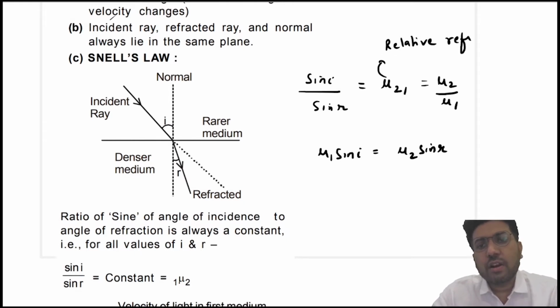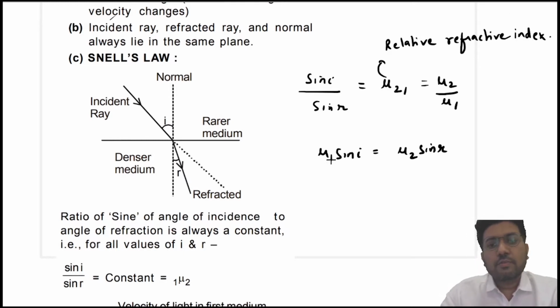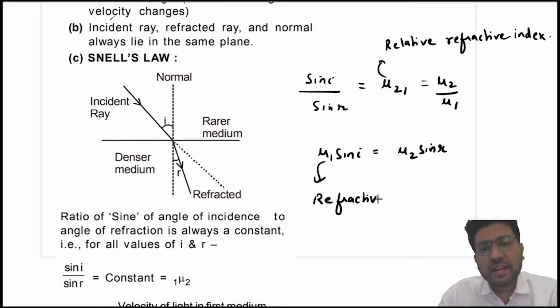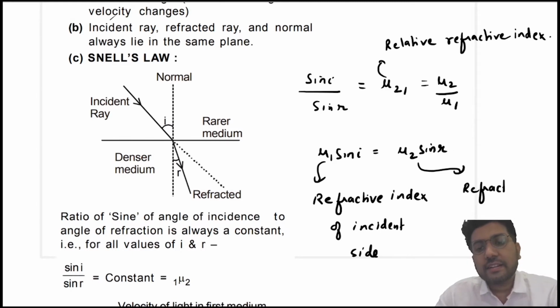So mu 1 sin I is equal to mu 2 sin R, where mu 1 is the refractive index of the incident side and mu 2 is the refractive index of the refracted side.